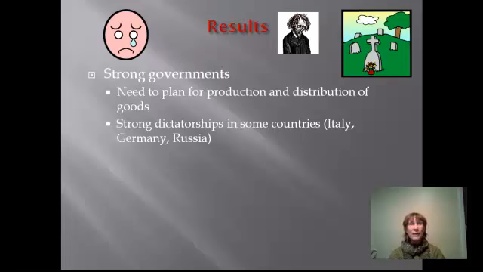So all the distribution of goods, all the weapon building, had been a government effort. So the governments kept very strong after the war. And in some places, we see the development of strong dictatorships. And that's the topic for our next lesson: the totalitarian dictatorships that developed as a result of this great war.